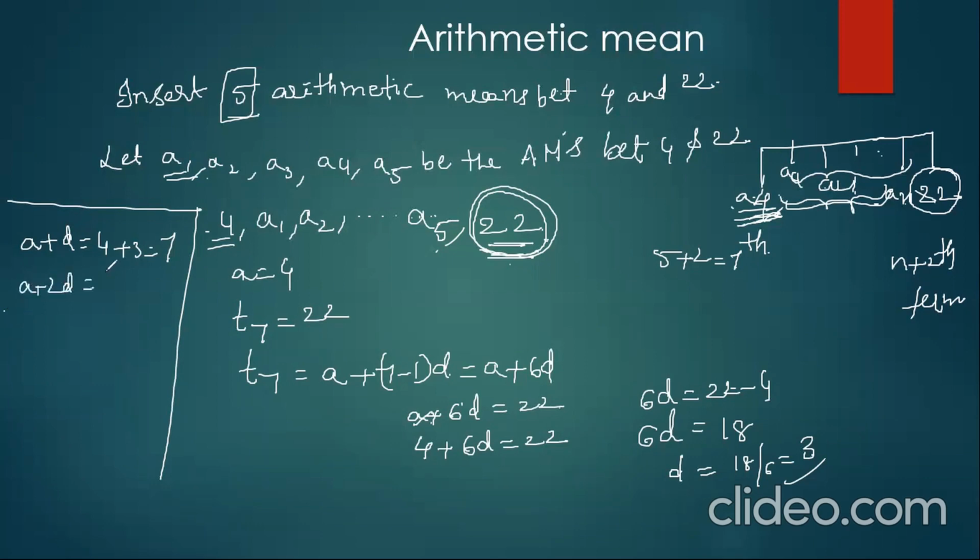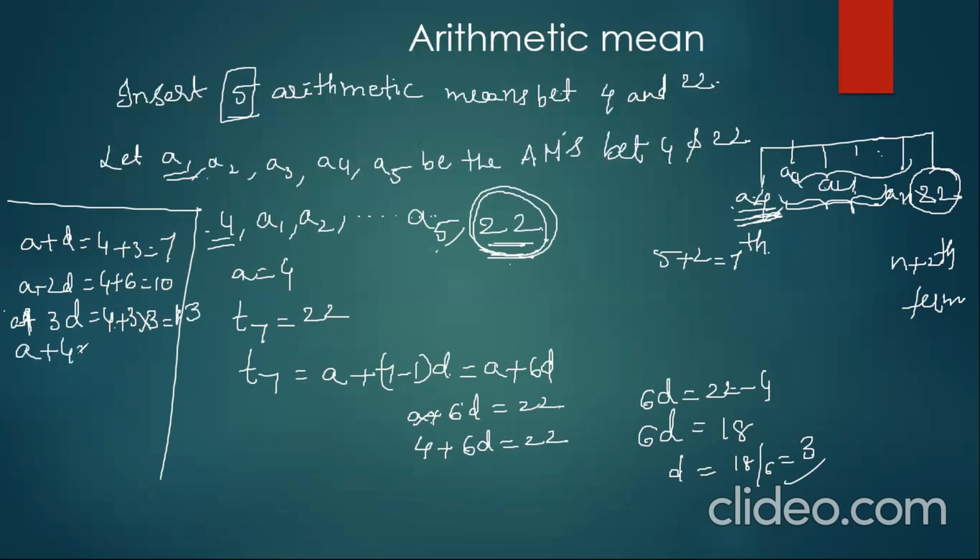Second term is A plus 2D, 2 times 3 is 6, so 10. Next, A plus 3D: 4 plus 3 into D, D is 3, which is 9 plus 4, 13.